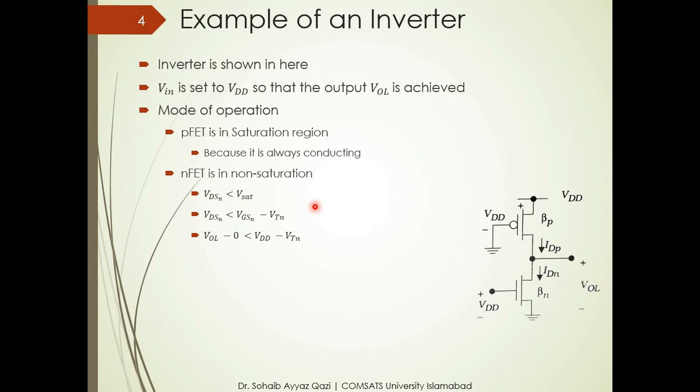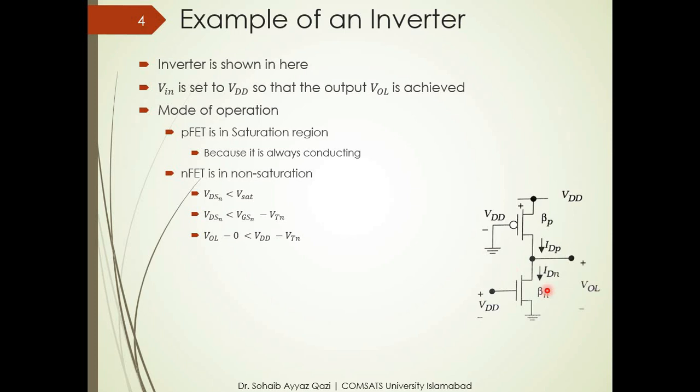The condition for NFET to be in non-saturation region is that VDSN should be less than V saturation. Here VDSN means the voltage between this drain terminal and the source terminal. This voltage is VOL minus 0 volts. So we replaced VDSN with VOL minus 0. And we know that V saturation is equal to VGSN minus VTN.